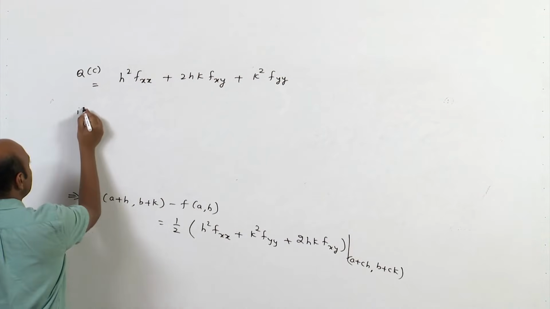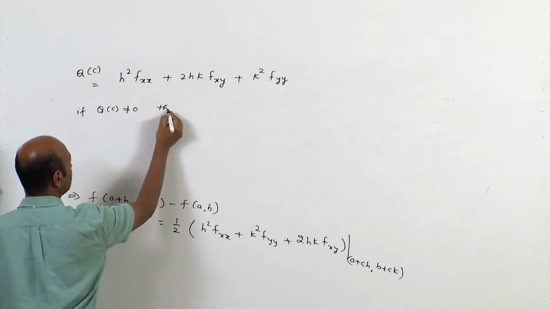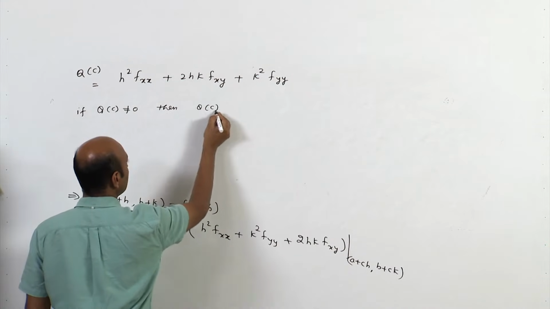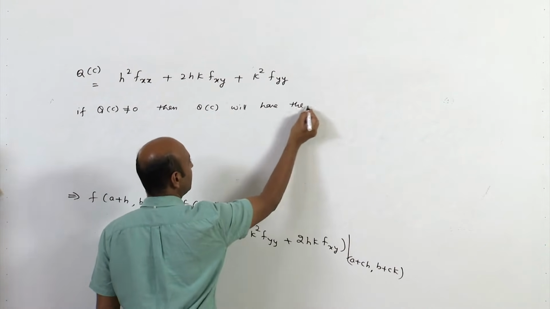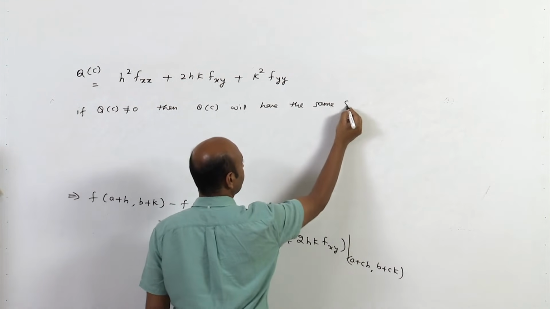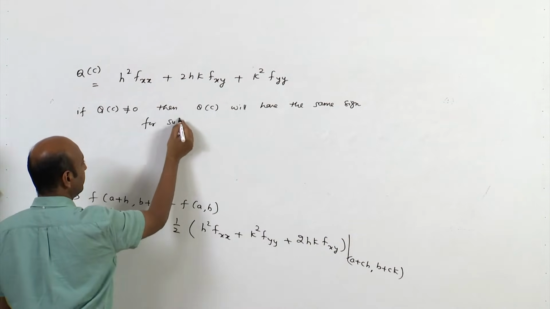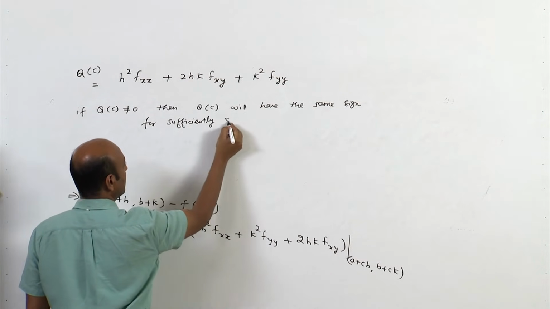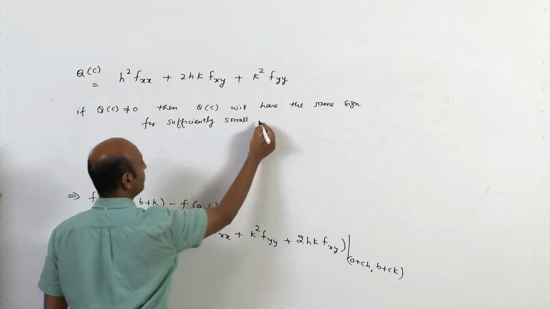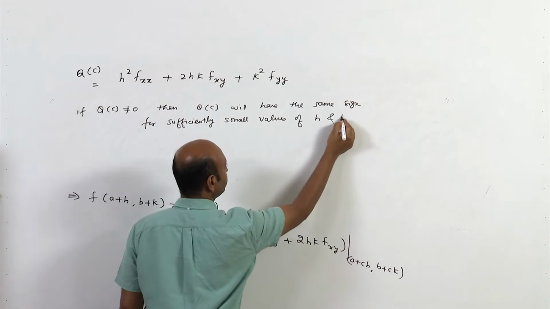Now, if QC is not equal to 0, then QC will have the same sign for sufficiently small values of h and k.